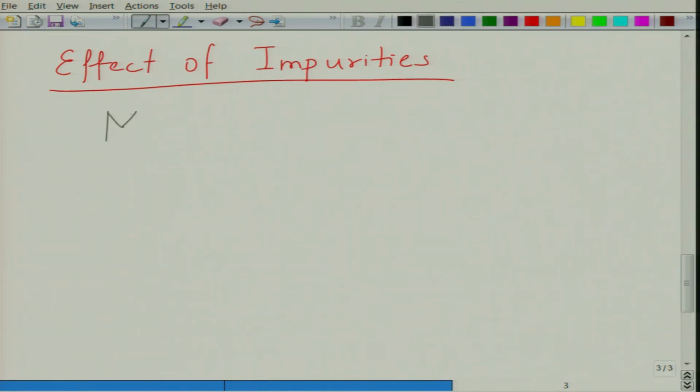So, if you have oxide MO, you might have an impurity which is M prime 2O. M prime is probably not a good idea. Let us say I have an impurity which is A2O. Okay.